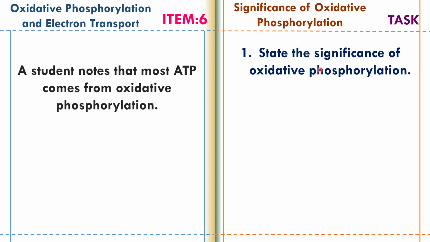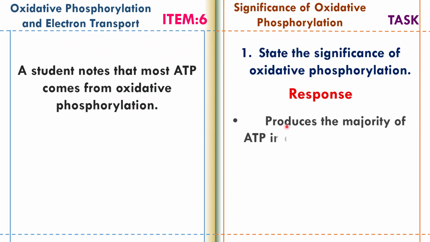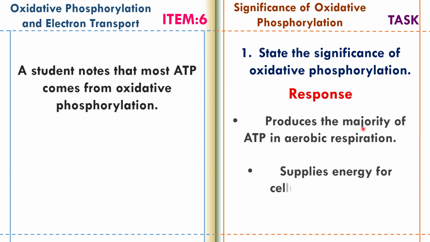State the significance of oxidative phosphorylation. Produces the majority of ATP in aerobic respiration. Supplies energy for cellular activities.